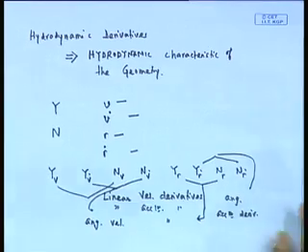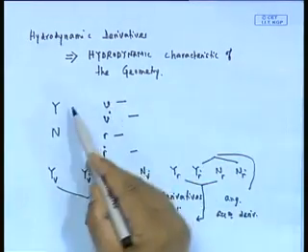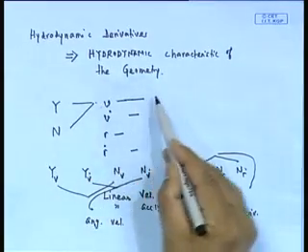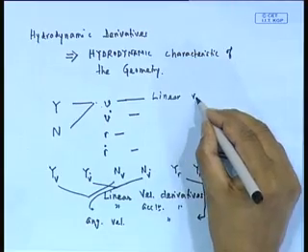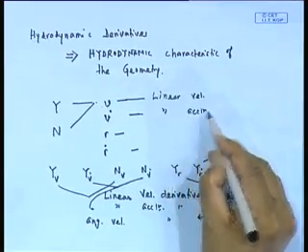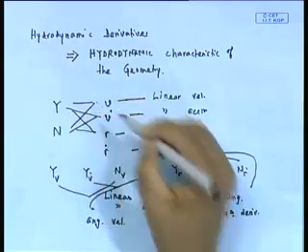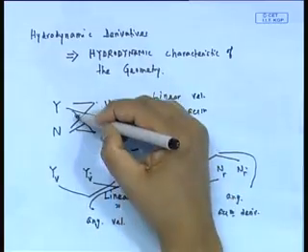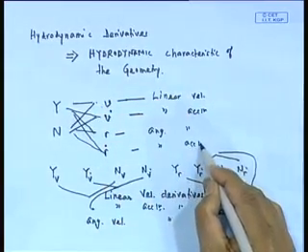What I mean, therefore, is: I have got linear velocity, this one, Y V, N V, this is linear acceleration, this is angular velocity, angular acceleration.